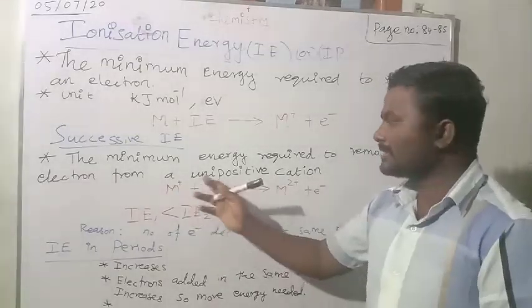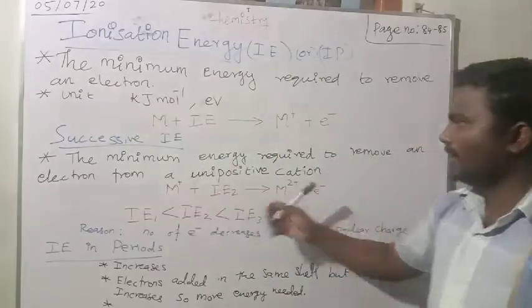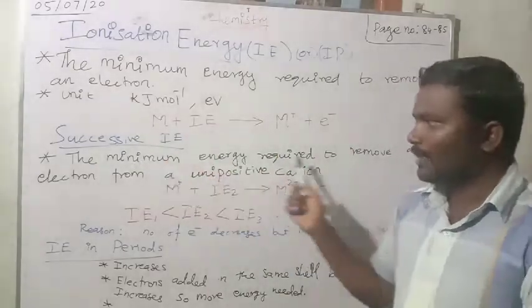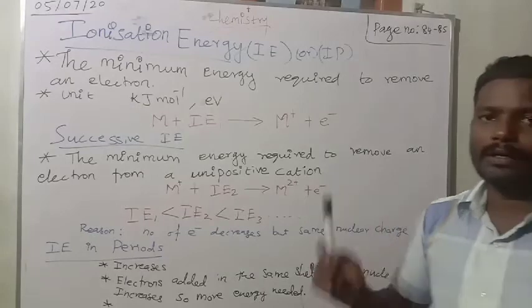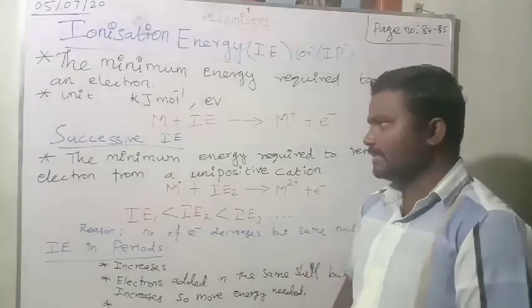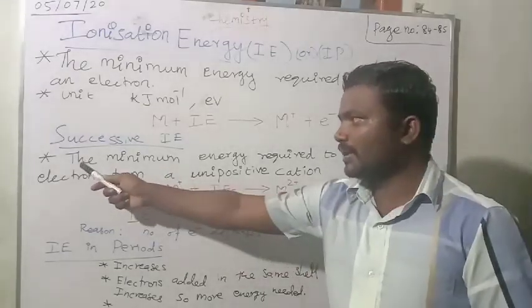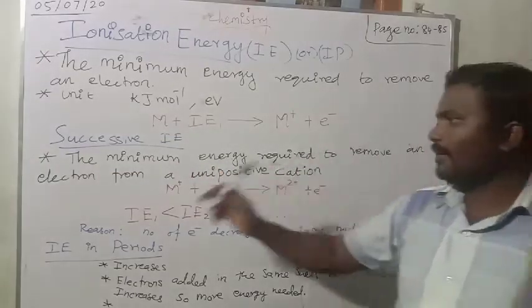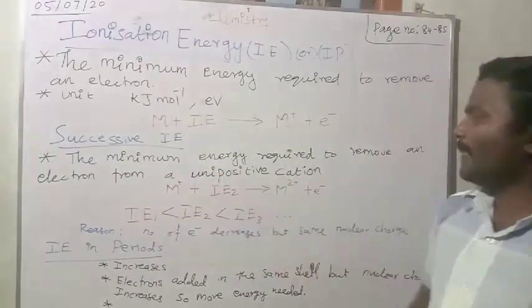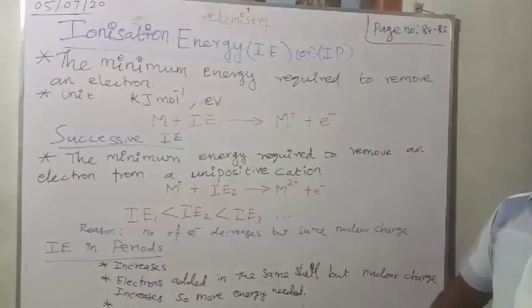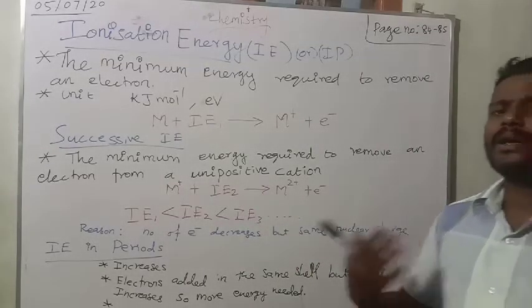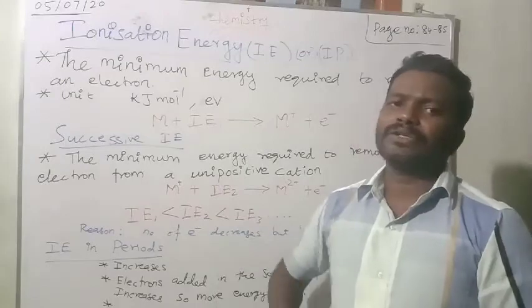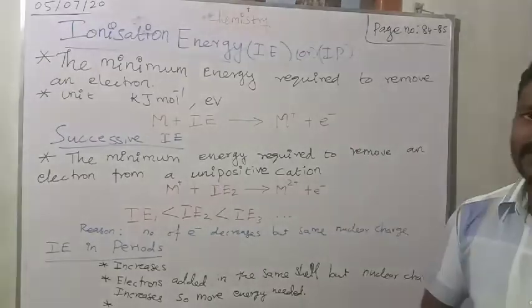This is called second ionization energy. I have written the definition in black. What is second ionization energy? The minimum amount of energy required to remove an electron from a unipositive cation is called second ionization energy. Likewise, we can go with the third, fourth, and fifth ionization energy.